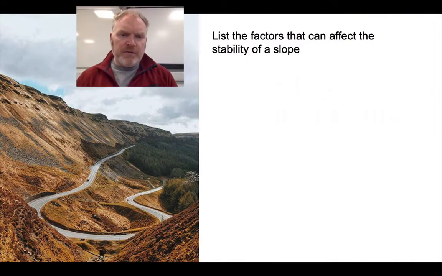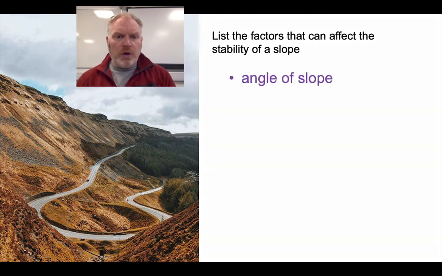So, if we think about the factors that can affect the stability of a slope, first of all, we have done some preparatory work for this in a previous lesson. So, obviously, we need to think about the angle of the slope. The steeper the slope, the lower the chance of that slope being stable.